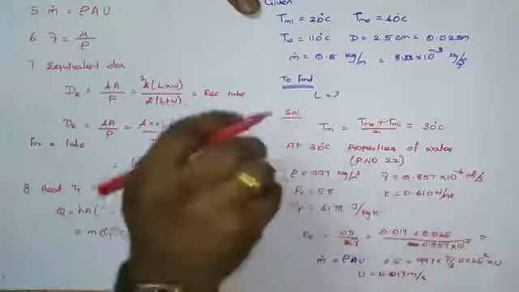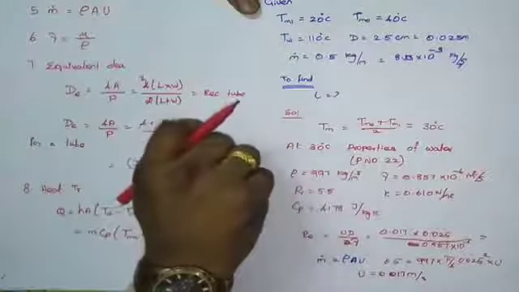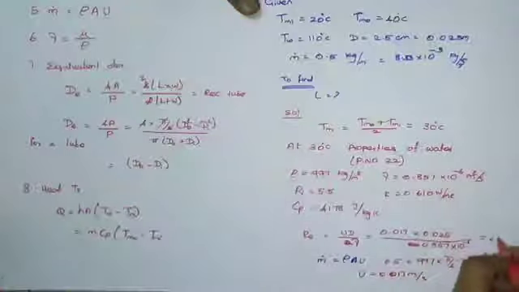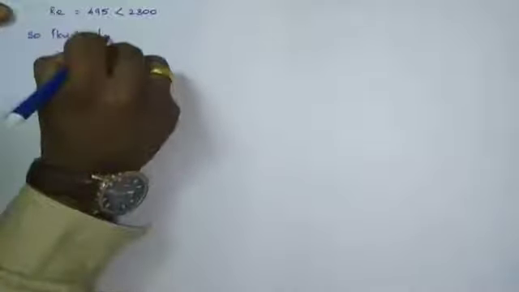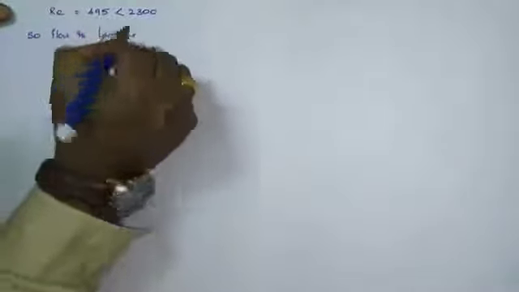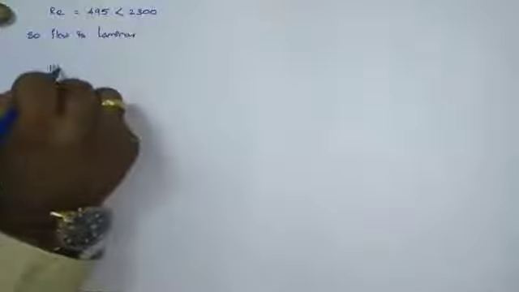So the Reynolds number value will become 495. Now Reynolds number equal to 495, which is less than 2300. So flow is laminar.